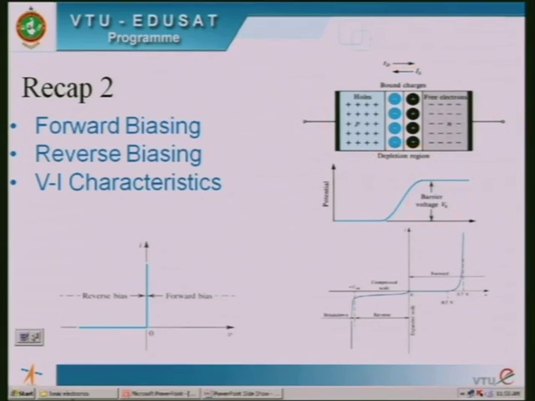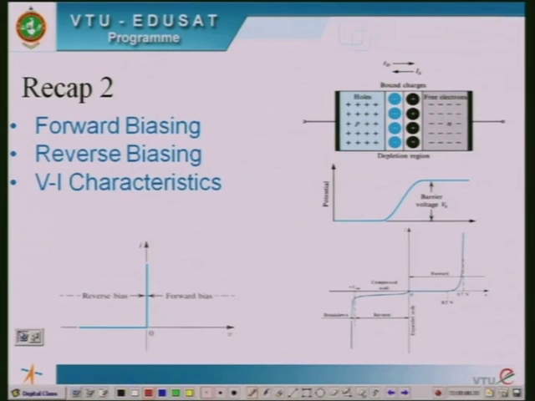And also we discussed the reverse biasing. In reverse biasing, the anode is connected to the negative terminal of the battery, whereas the cathode is connected to the positive terminal of the battery. So the holes from the P region will be attracted to the negative terminal.